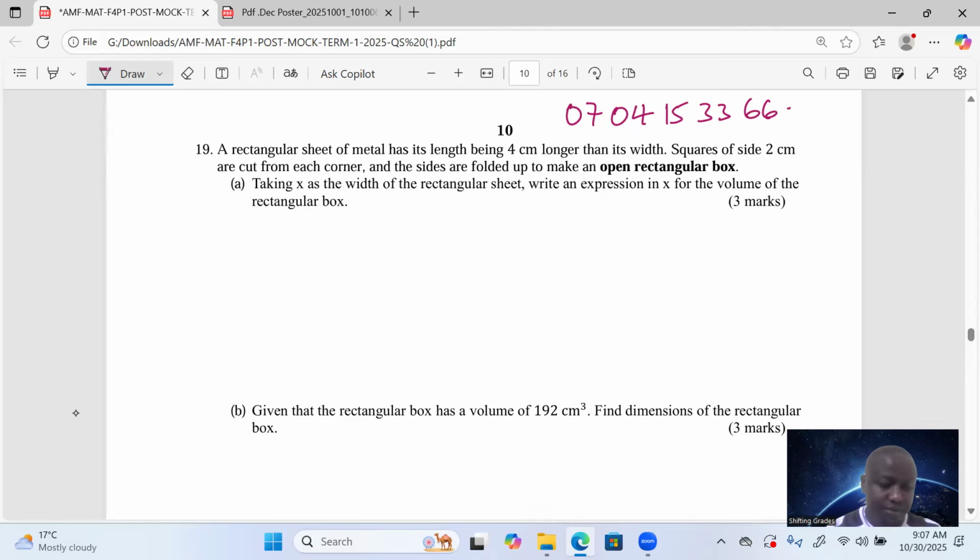Look at part 1. We are told, taking x as the width of the rectangular sheet, write an expression in x for the volume of the rectangular box.